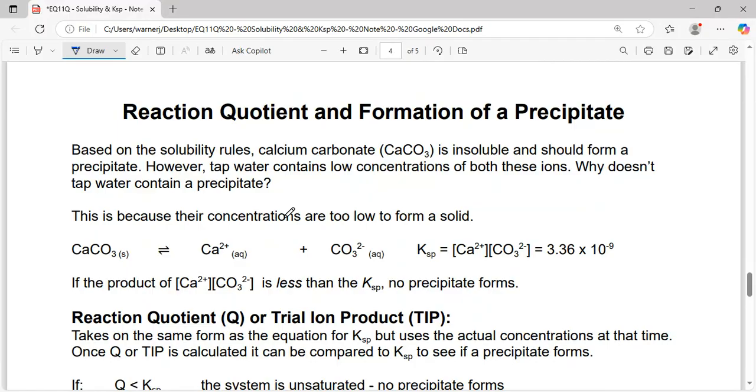Those ions don't boil, they stay there. So the concentration of the ions gets higher and higher as it's heating. As that concentration gets higher, it reaches a point where the product of the ion concentrations becomes greater than KSP, and then we see it precipitate and we get that white solid form.